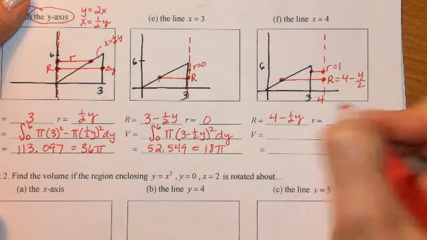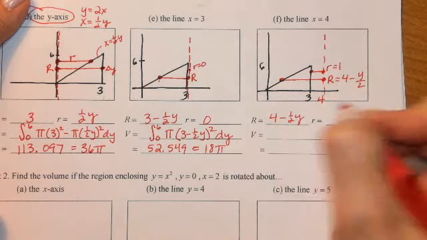So big R is 4 minus 0, so just 4. Little r is 4 minus the curve x squared, so 4 minus x squared. So volume is the integral from 0 to 2 of pi times big R squared minus pi times little r squared dx.